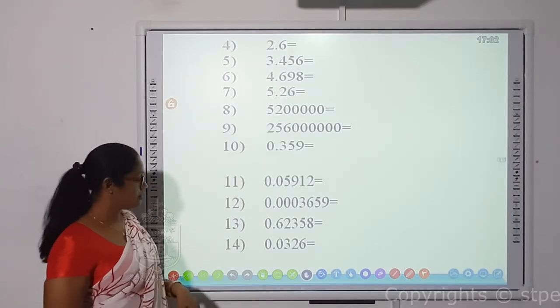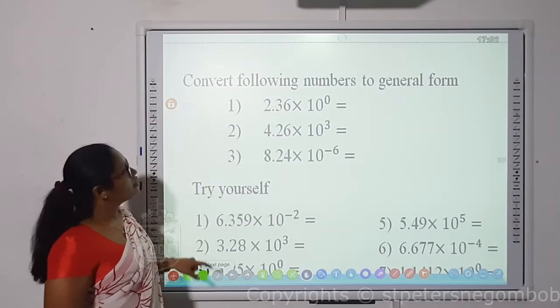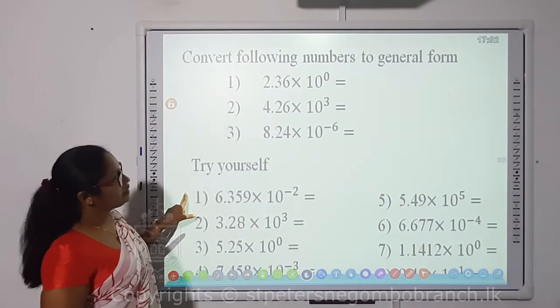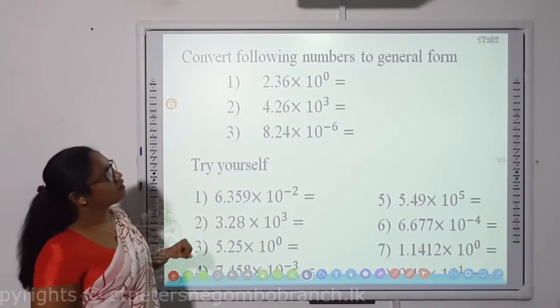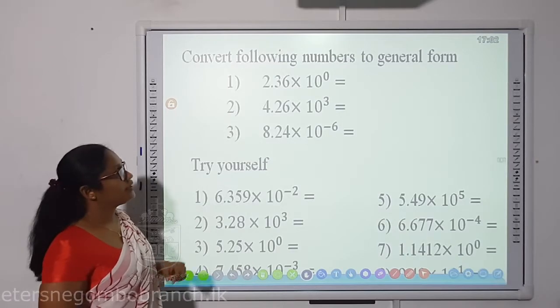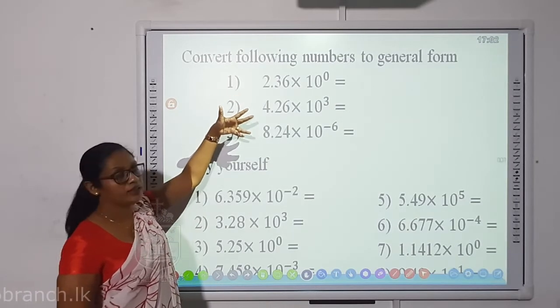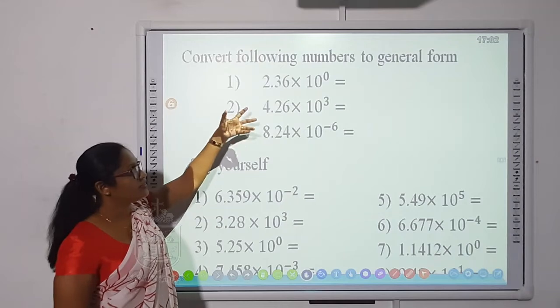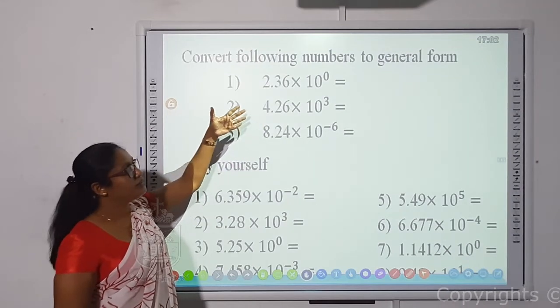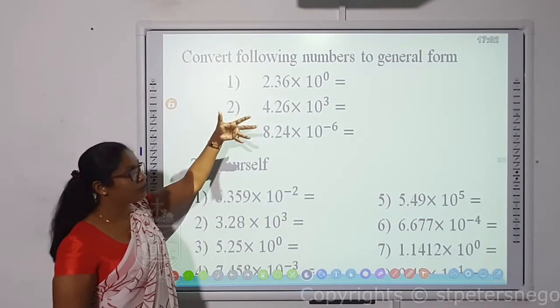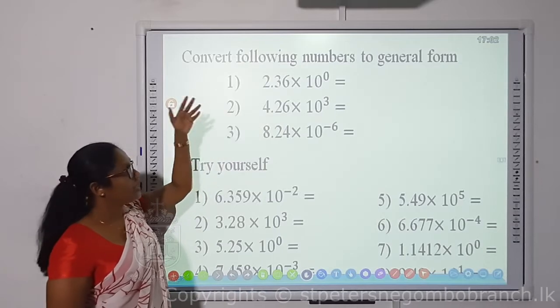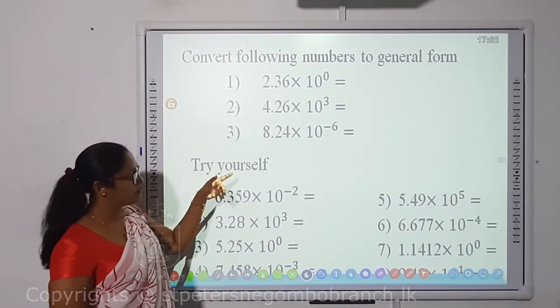Try yourself. Next one, convert the following numbers to general form. That means 3 numbers are given in scientific notation, just simplify. Now this I don't want to explain, already I explained it. I will do these 3 questions, and you try the balance.